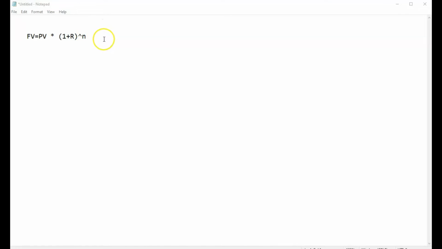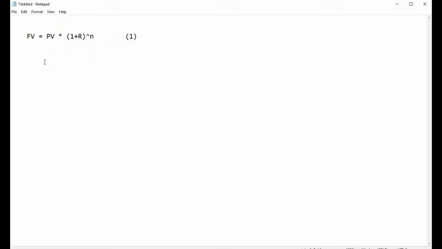From the previous topic, we know future value equals present value times (1 plus R) to the power of N. Let's call this equation number 1. We can easily derive equation number 2. On both sides of the equation, if we divide by the same item, the equation remains the same.